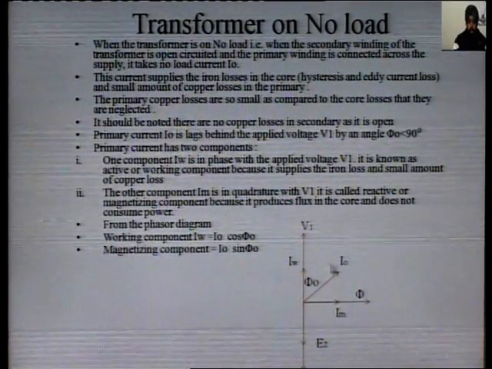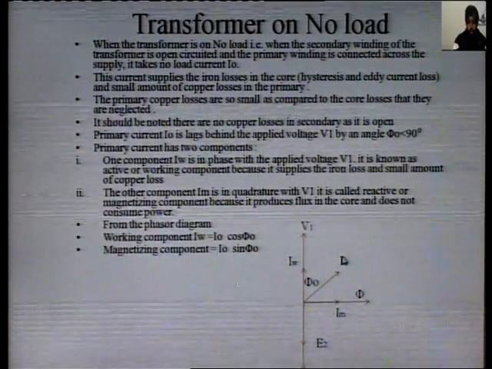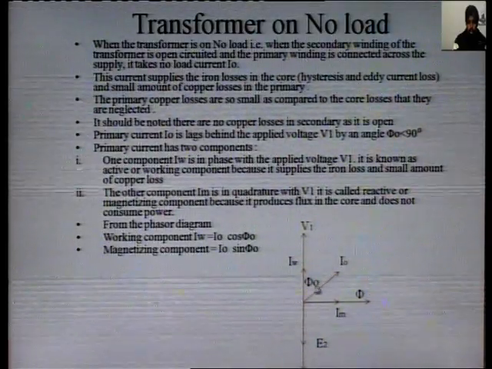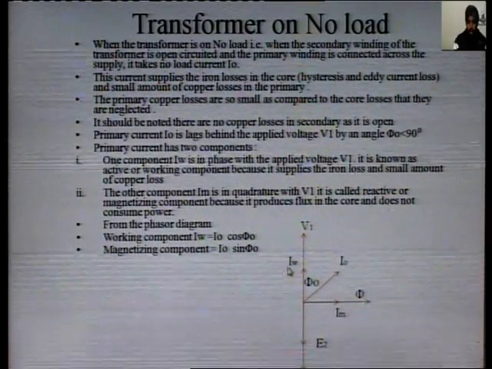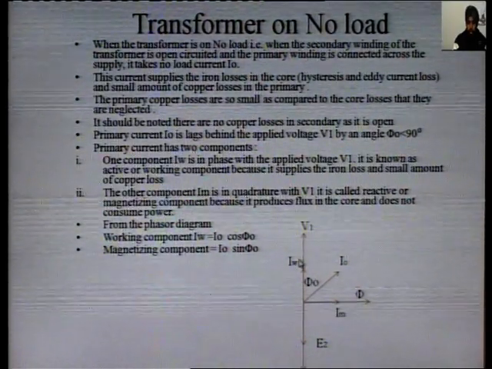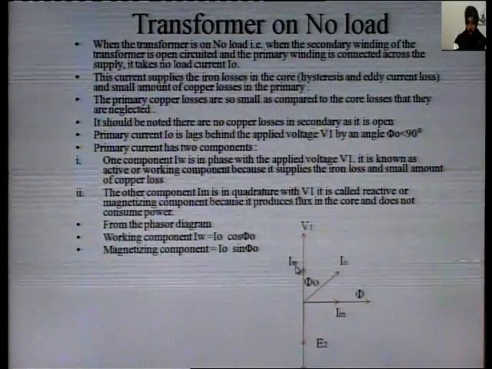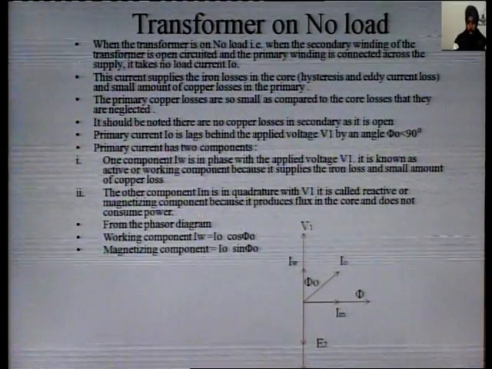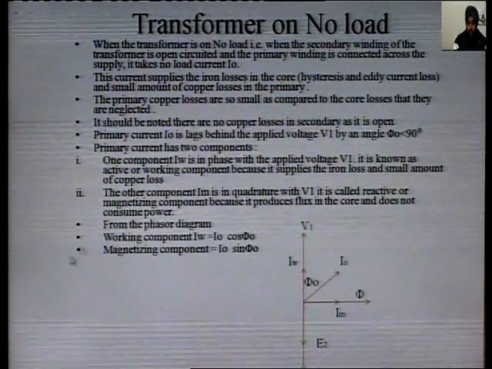This I naught can be divided into two components. One component is IW. IW is in phase with the applied voltage, and it is known as active or working component because it supplies the iron losses and small amount of copper losses.